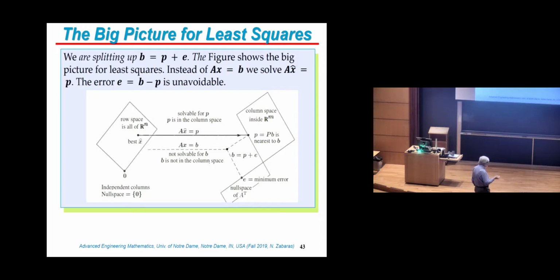And instead of solving AX equal to B, the plan was to solve AX equal to that projection point. And then we said that the big idea, if you're going to approximate AX equal to P, the best point is an orthogonal projection, because the orthogonal projection minimizes the error.